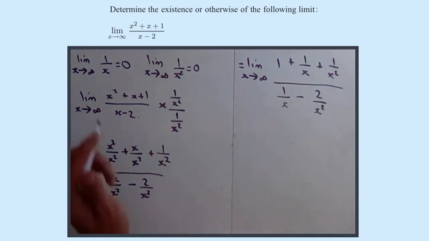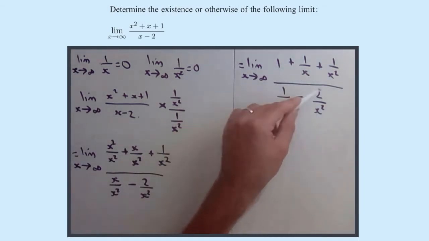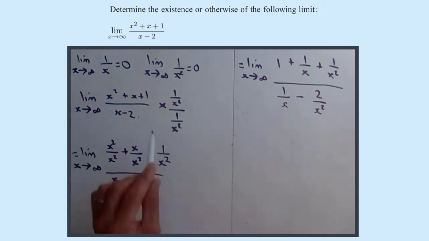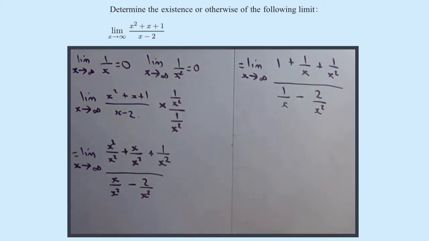And by the way, you might be wondering about this 2 over x squared. If you pull the minus 2 out, it's minus 2 times the limit as x approaches infinity of 1 over x squared. So that minus 2 is not going to change this thing being 0. That 1 over x squared bit is going to be so small that when you multiply it by minus 2, it's not going to make any difference. And it's a limit law anyway. You can pull a factor out, no problem at all.